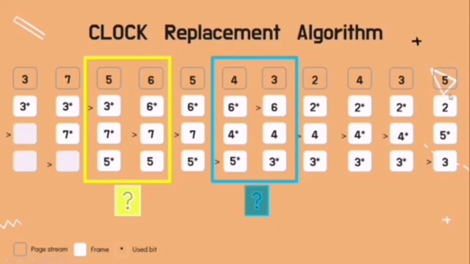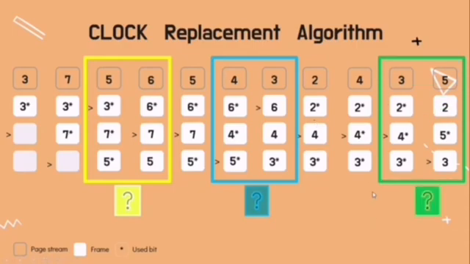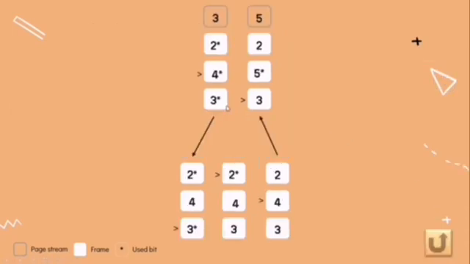Okay, next, last but not least, number 5. This is exactly what happened previously also, and I'll show you how we do this again. Since number 4 here has the use bit, it will lose its use bit, and the arrow pointer will point towards the number 3. Next, number 3 here also will lose its use bit, and the arrow pointer will point towards the first frame, which is number 2.